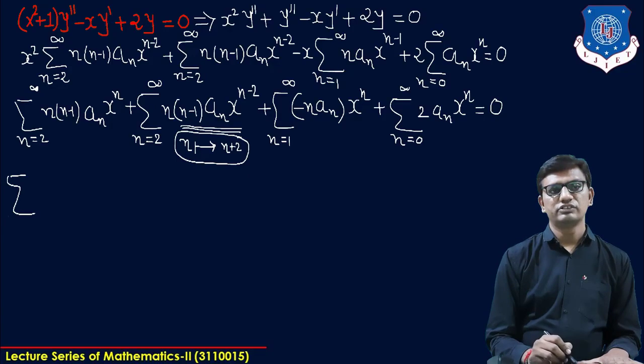Therefore, the first summation is as it is, Σ n(n − 1) an x^n.